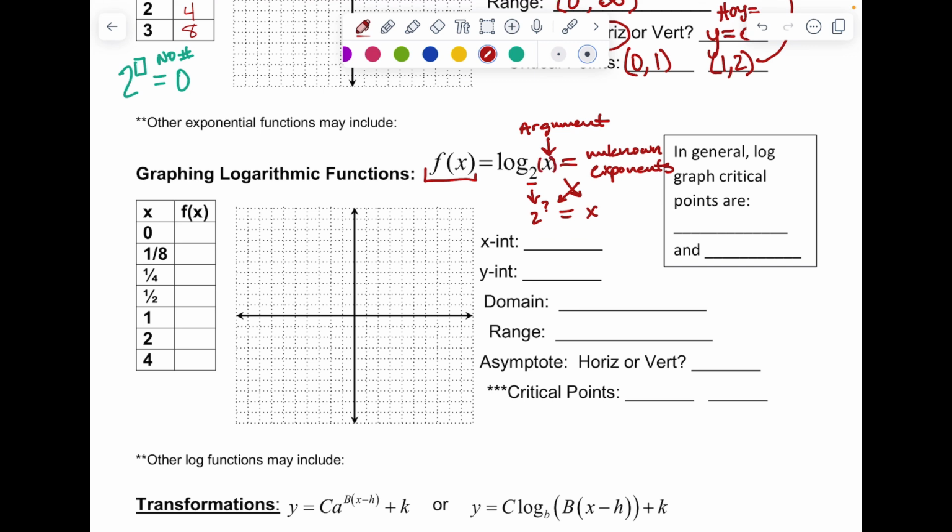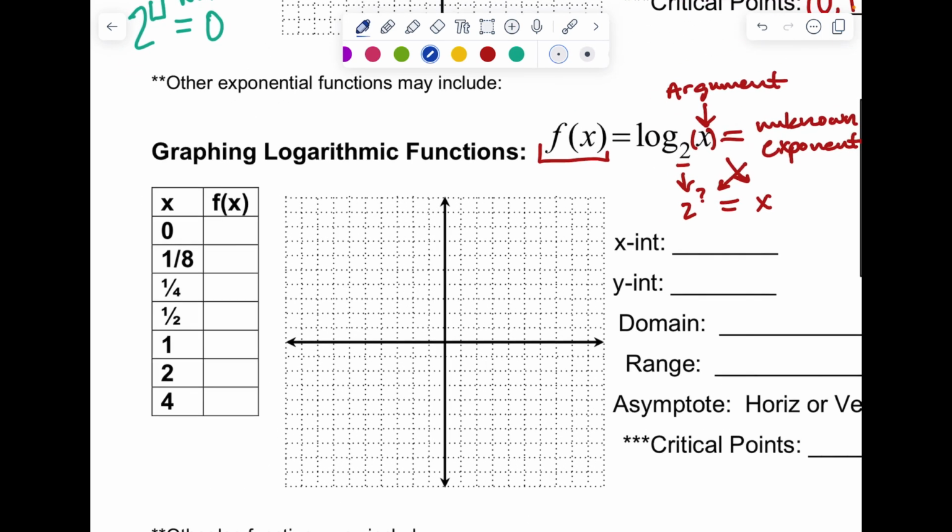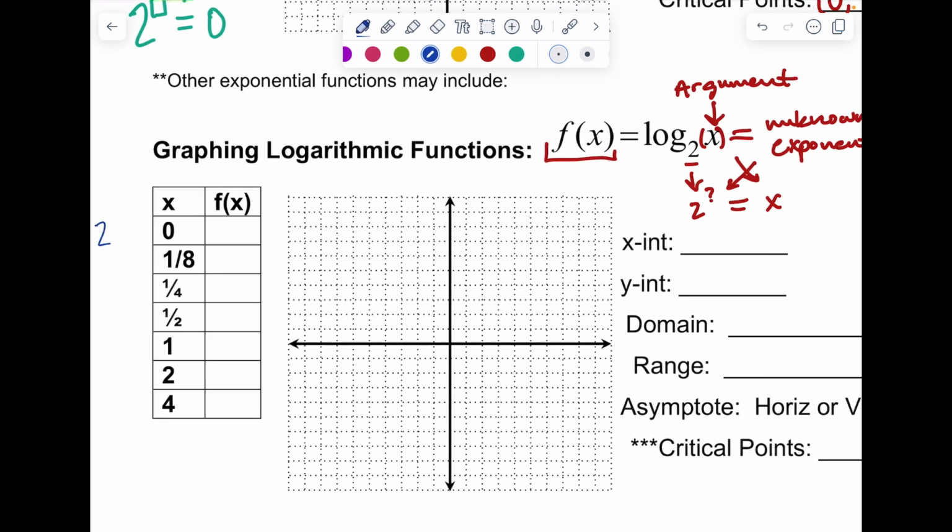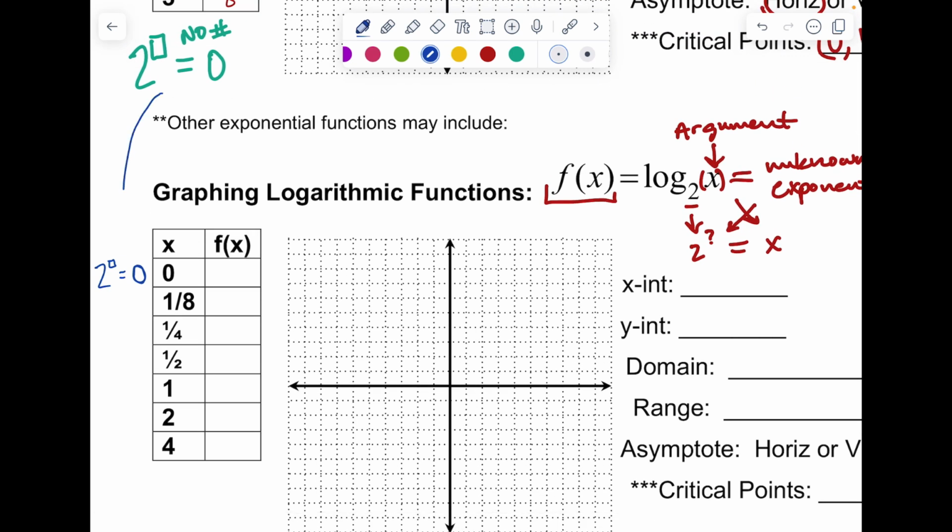So as we start graphing this, we would be plugging in our x's into the argument. So log base 2 of 0. Again, think of this as asking yourself, 2 to what power would give me 0? And we just said up here, there is no answer.